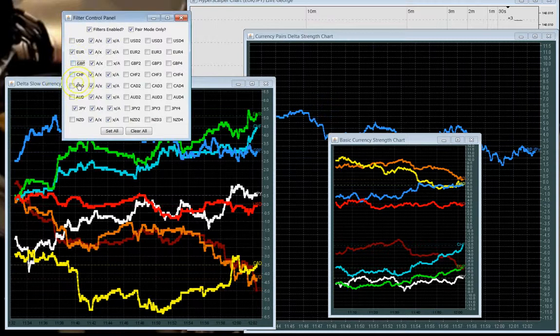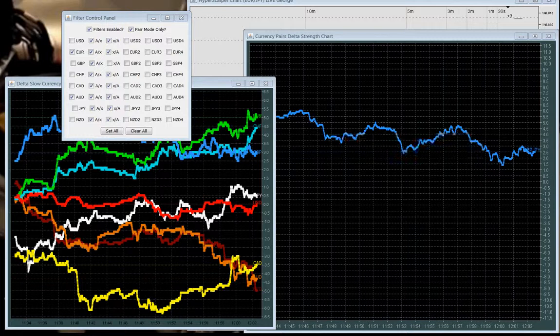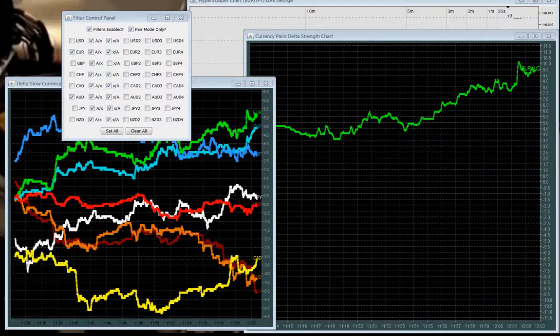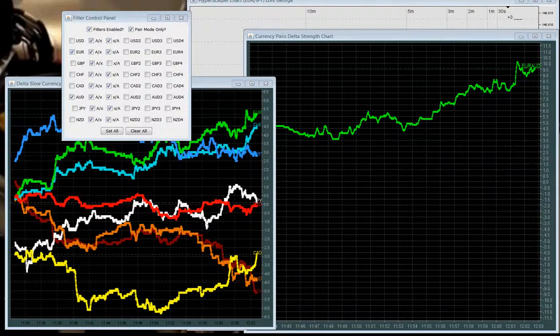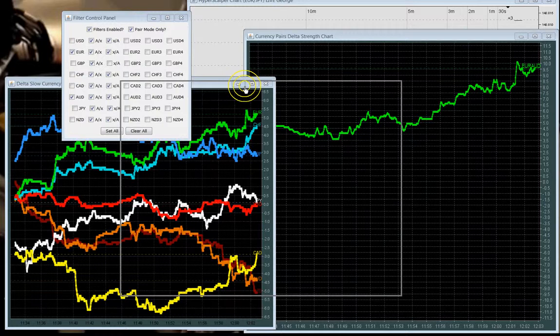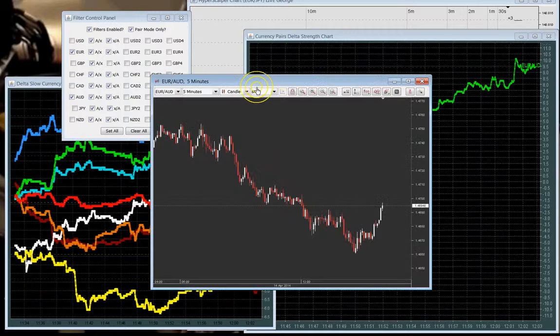Euro Aussie predicted is up. Let's look at the actual Forex pair euro Aussie. And you can see that the actual pair has gone up in line with the prediction, which is based upon the relative currency strengths.